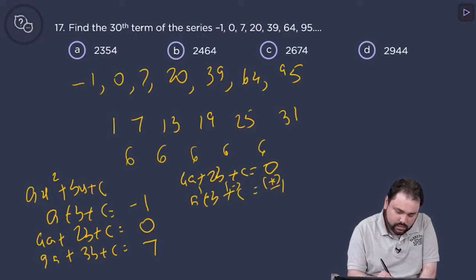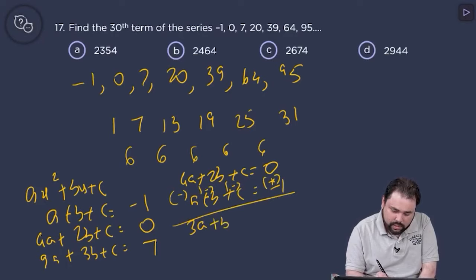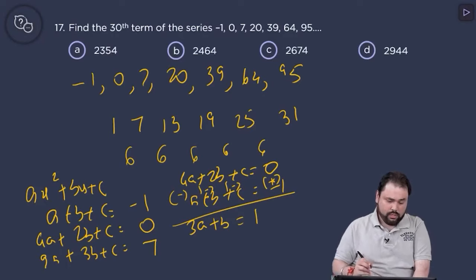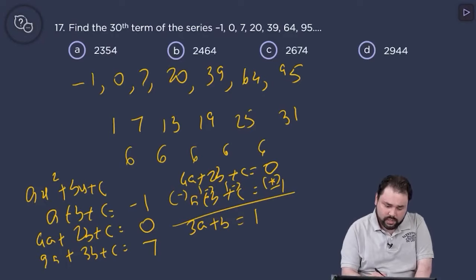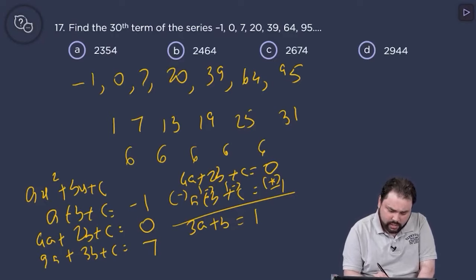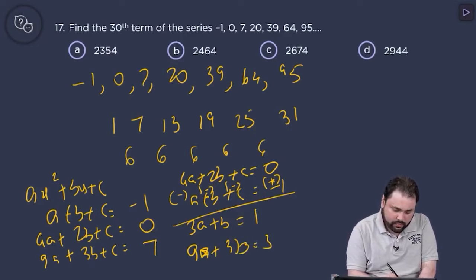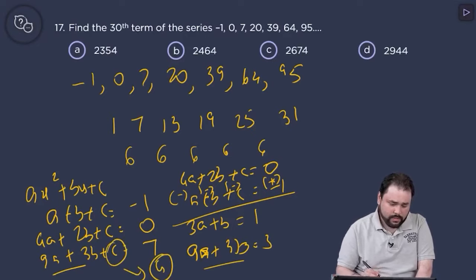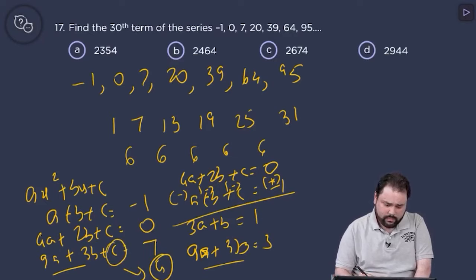Subtracting, 3a plus b is equal to 1. If 3a plus b is 1, multiply this by 3, I get 9a plus 3b is 3. This is 3. That means c is equal to 4.